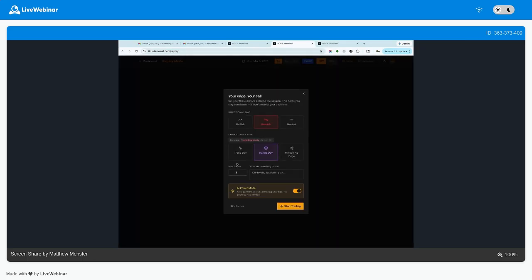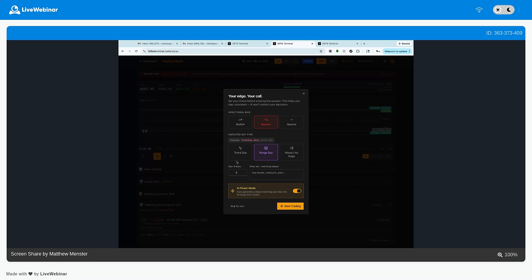All right, so now here's the thing. The AI power mode, that's what I'm talking about next. That work that we did to generate the setups that are saved into our library of setups for each strategy, you don't have to do any of that.